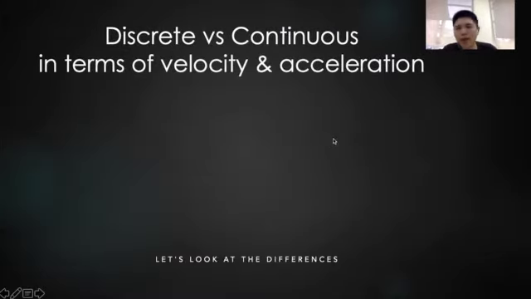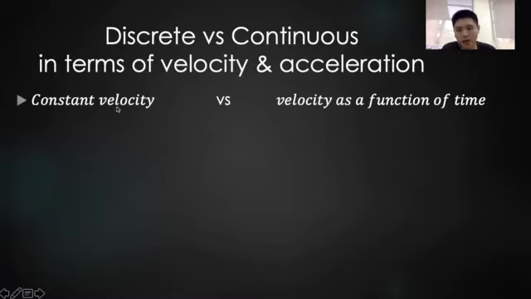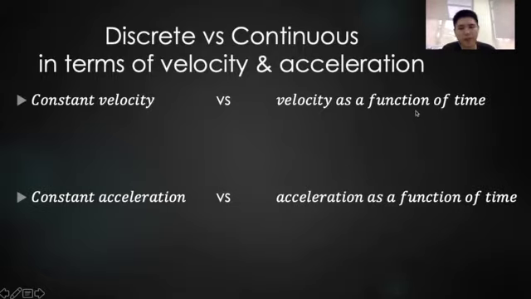So let's look at the differences between discrete and continuous in terms of velocity and acceleration. Constant velocity versus the velocity as a function of time. Same for acceleration: constant acceleration, and acceleration as a function of time. Okay.